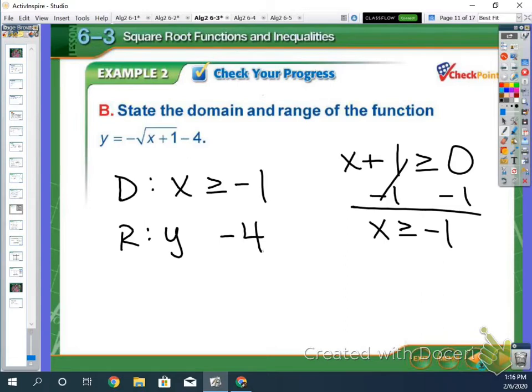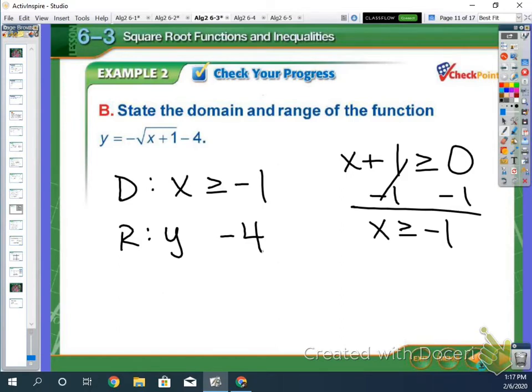Since there's a negative in front of the square root, the lowest the square root can be is 0. The highest it can be is anything. It can be infinitely high because you could put a ginormous number in there, and even if you take the square root of it, it's still going to be a ginormous number, right?